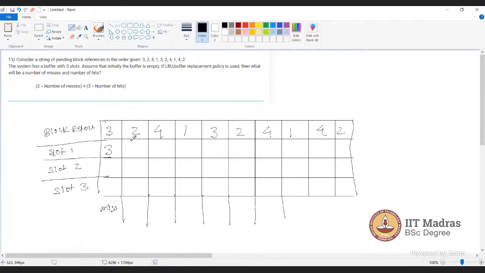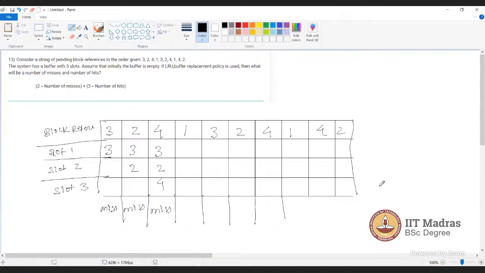Then let's insert 2. Is 2 present in any slot? No, so you have to add it. Miss again. Similarly in case of 4. Is 4 present in any slot? No. So 3, 2, 4, miss.